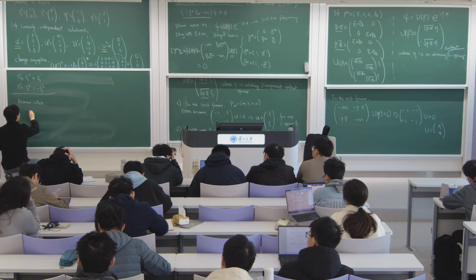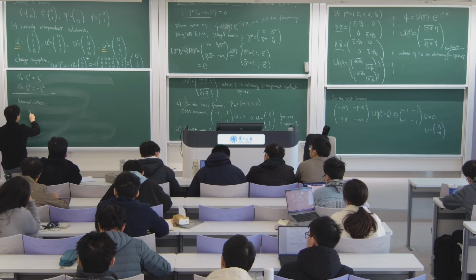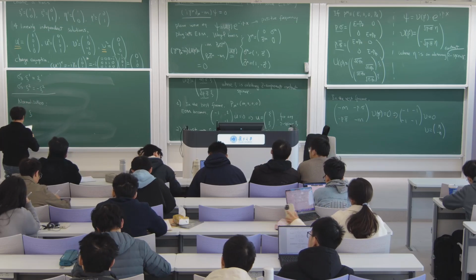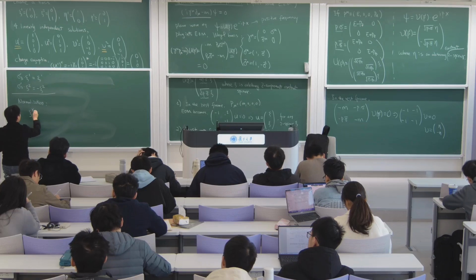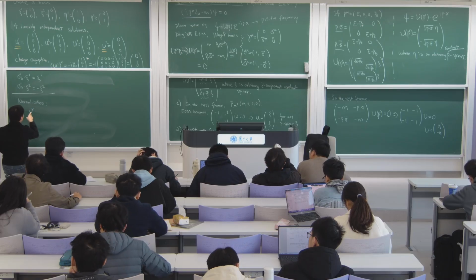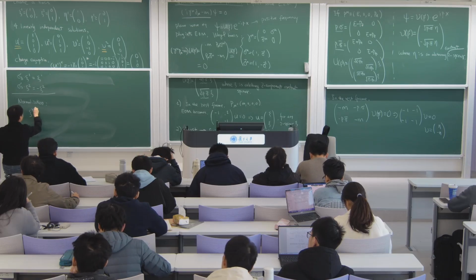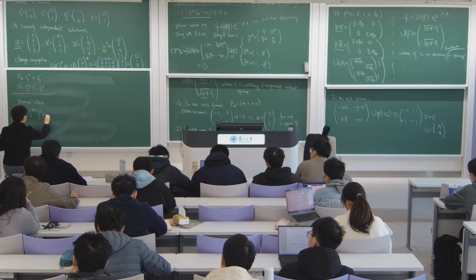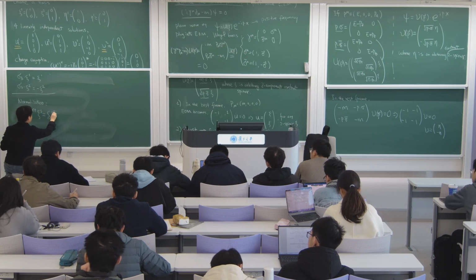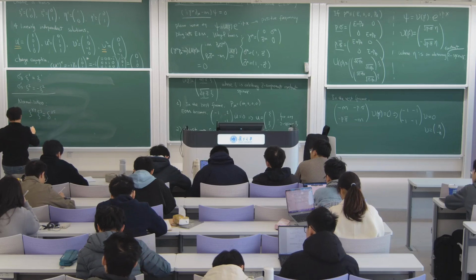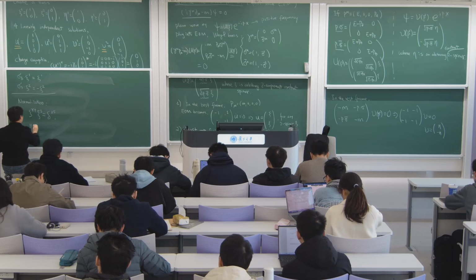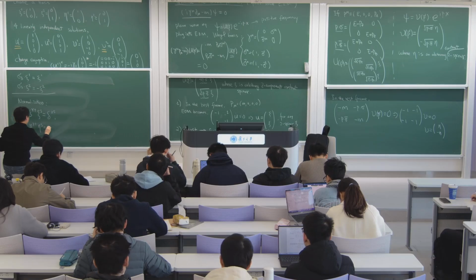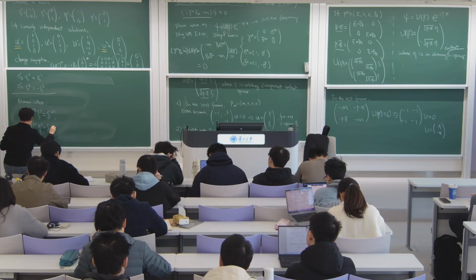Okay. For example, one can try to denote this 1 or 2 using the index, let's say R. So we require xi R dagger xi S equals delta RS, and for eta also, eta R dagger eta S equals delta RS.